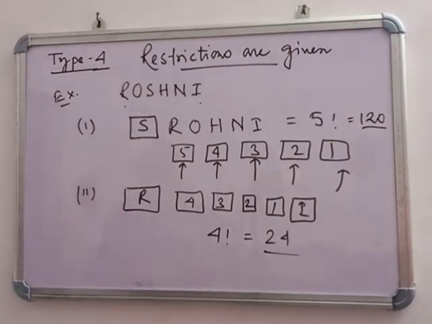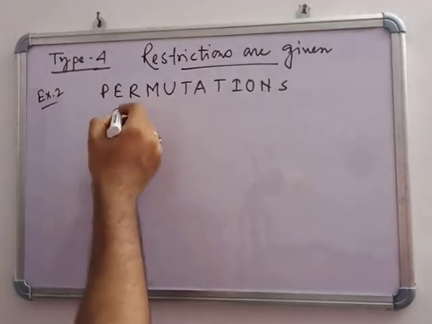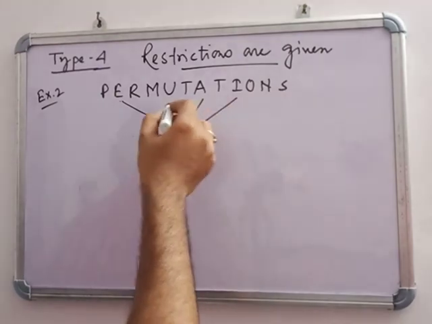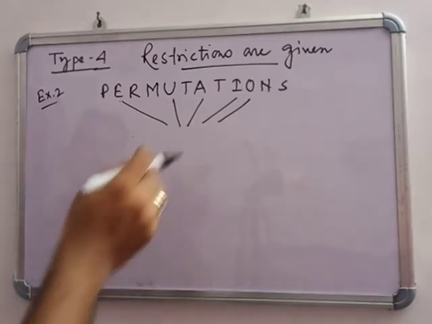Now go to another example. The word permutation contains all the vowels: A, E, I, O, U. So the word contains all the vowels.